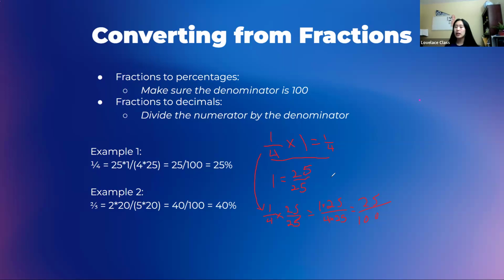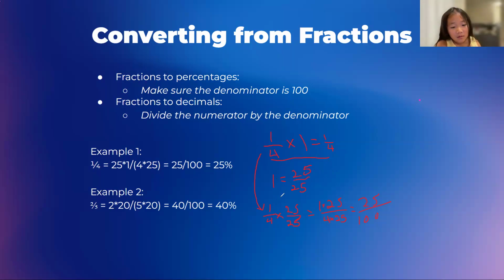So if we take 25 and split 25 into 25 equal parts, then each part has a value of 1, right? So you can say that for any number. So in this case, you can say 1 equals 25 over 25. If you see a line over here, that's a fraction sign, but you can also just say that that's a dividing sign, like 25 divided by 25. Does that make sense?